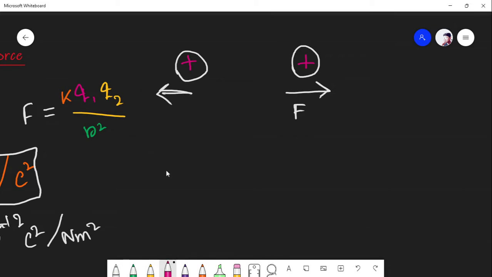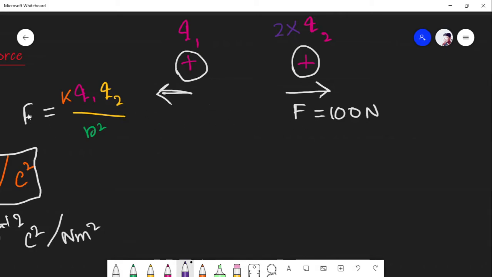Let's say this is q1, this is q2, and the force of repulsion is 100 newtons. What will happen to the force of repulsion if we double this q2?